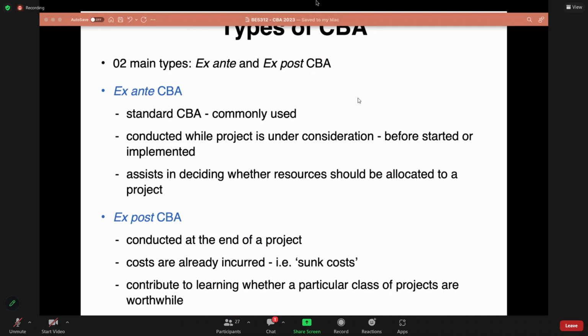On the other hand, there's something called an ex post CBA that you can do at the end of a project. Say it's a highway construction. Once you have completed the construction, you can do a cost benefit analysis. The difference here is that you now have the actual costs and the actual benefits.